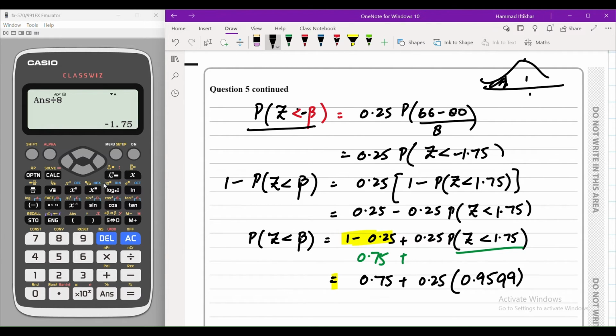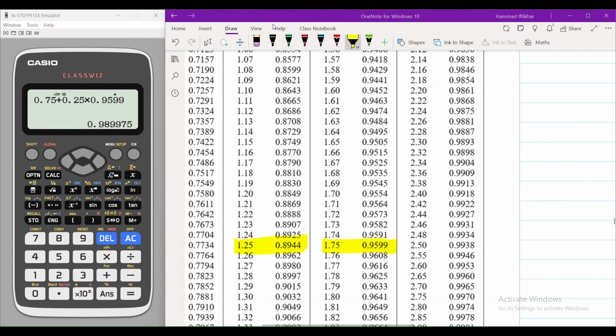Okay, all right. So let's calculate this. 0.75 plus 0.25 times 0.9599. So this turns out to be 0.989975. Okay, let's go back into the table again to find the value of z that corresponds with this.